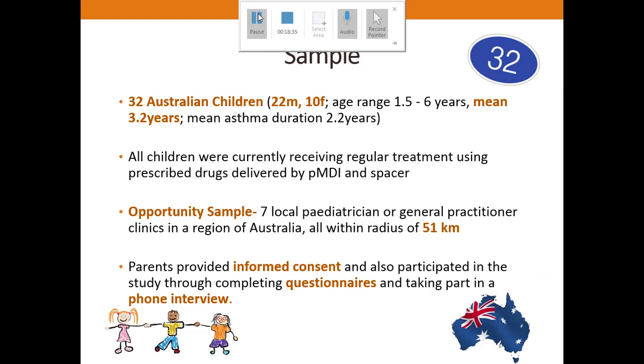They were in a region of Australia, all within a radius of 51 kilometres from one another. They were used to collect and recruit these children. The parents provided informed consent, and the parents also participated in the study, so they had to use some self-report measures, so questionnaires and phone interviews, and the parents did this to tell them about the children's behaviour.